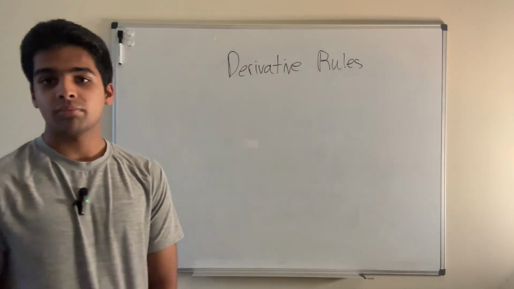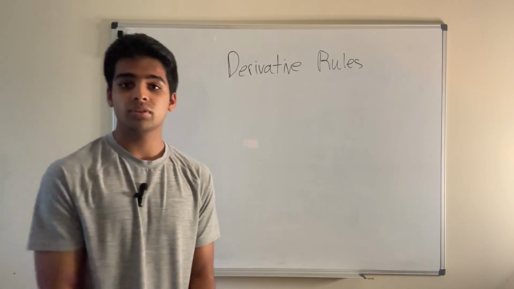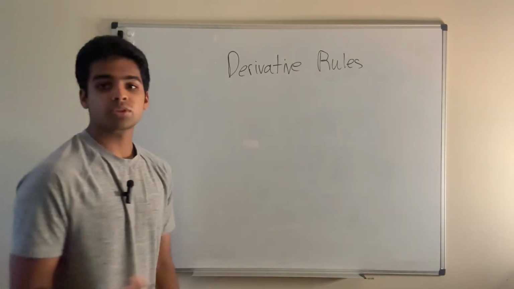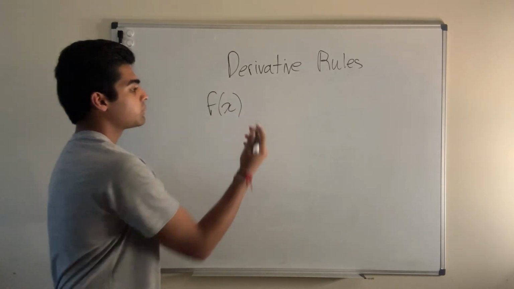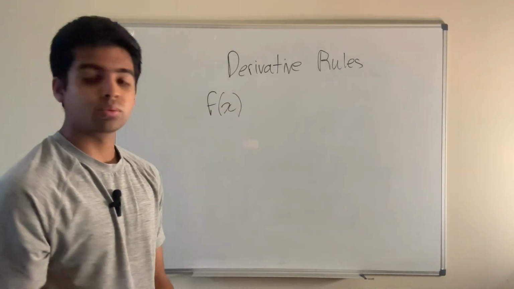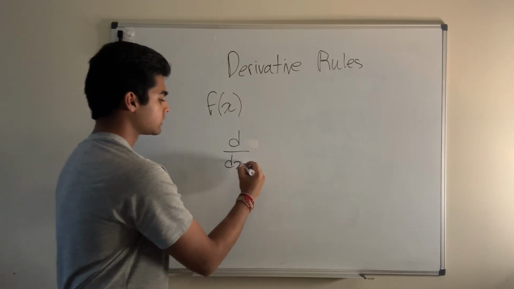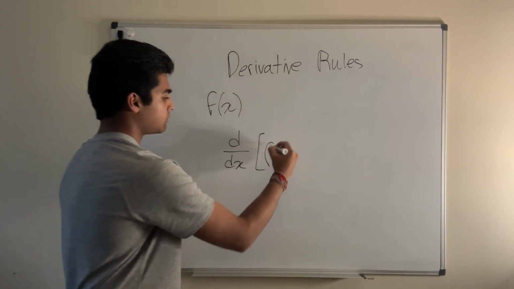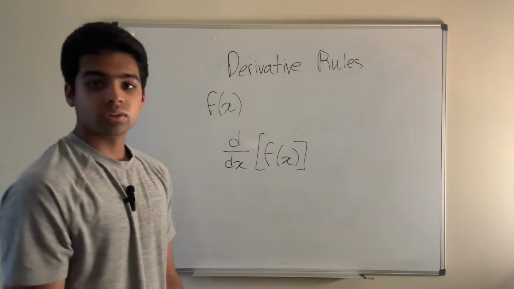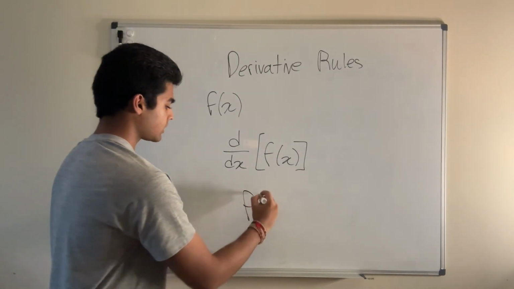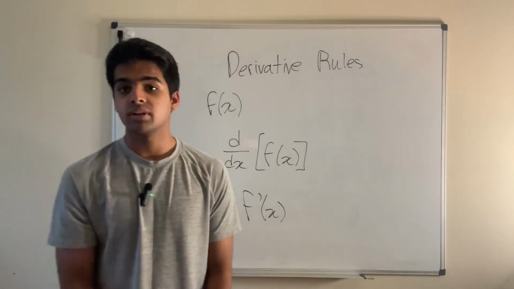Now, if you remember from the last video, I showed you some ways to notate the derivative. Suppose we wanted to take the derivative of f of x. We could do it 2 ways. We could do d over dx with f of x in brackets, or we could do f apostrophe x, which we say as f prime of x.